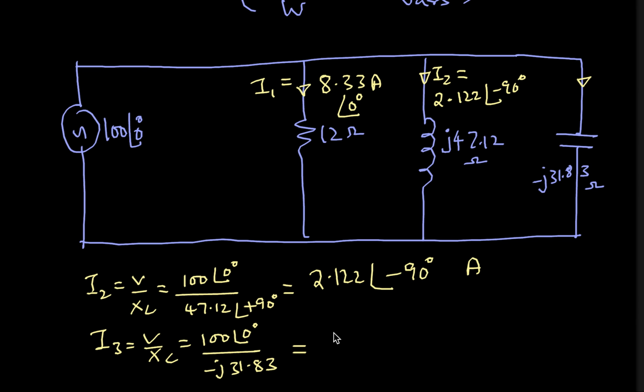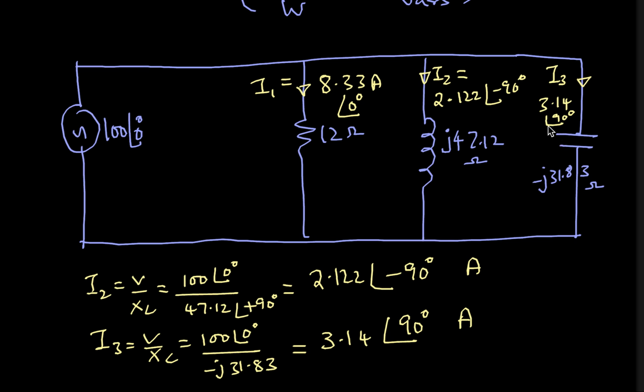So 3.14 amperes of current, and the angle will be plus 90 degrees, because the minus in the denominator goes to the numerator and becomes plus 90 degrees. So this is my I3, 3.14, angle plus 90 degrees.